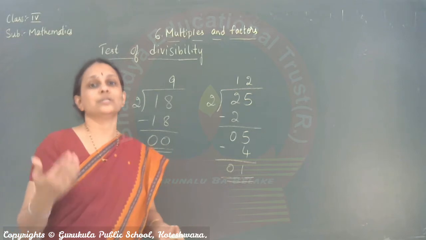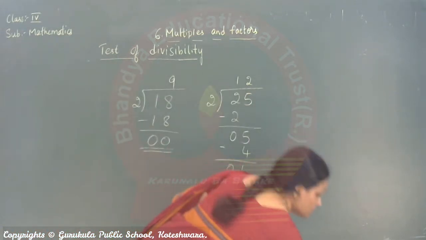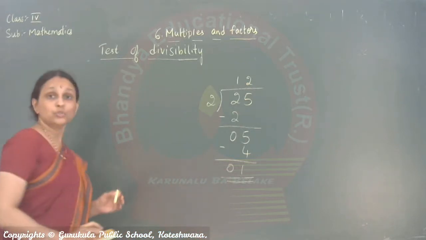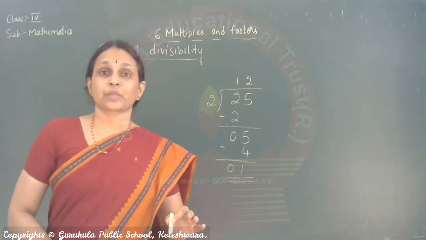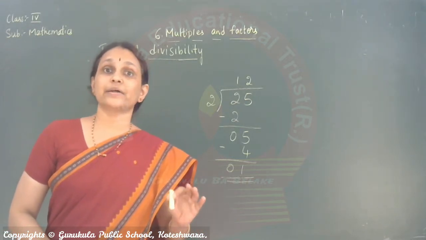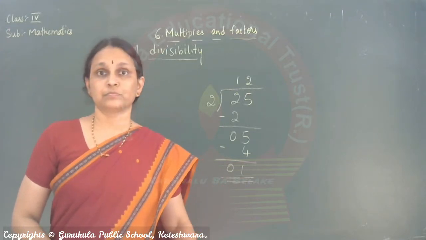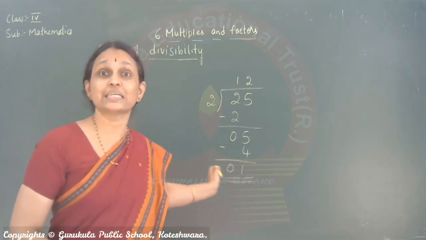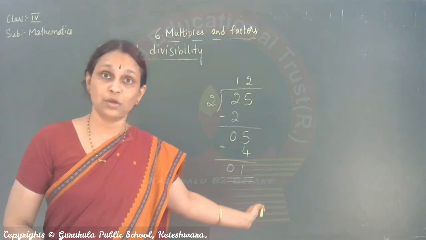Now we will go to the divisibility concept of different numbers. Here we are going to learn how to find out, suppose a number is given, say 426, is it divisible by 2? You may tell, ma'am, 426 divided by 2 means we need a little time to find out whether it is divisible or not.